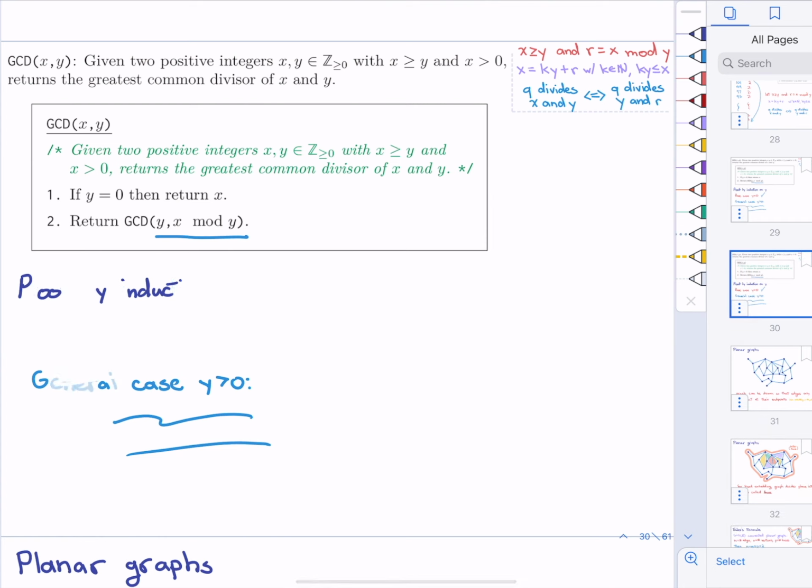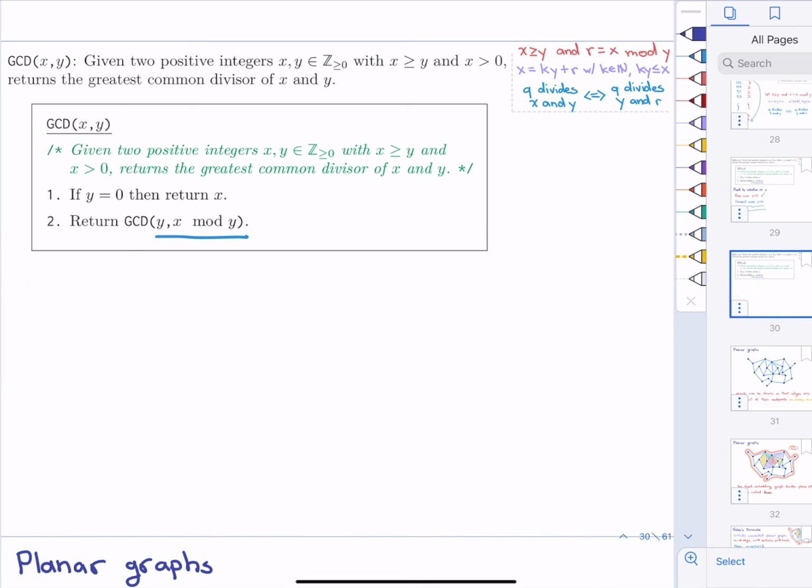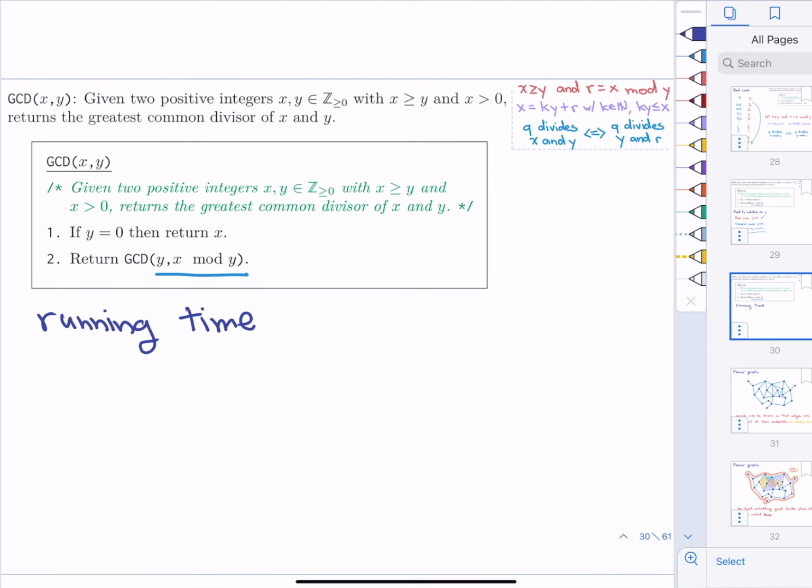So if I wanted to analyze the running time, we won't be able to do recursion trees, we'll do some more clever direct thing. I want to try to argue that this algorithm is much faster. The previous running time of x plus y still holds, because x plus y is going down each iteration.